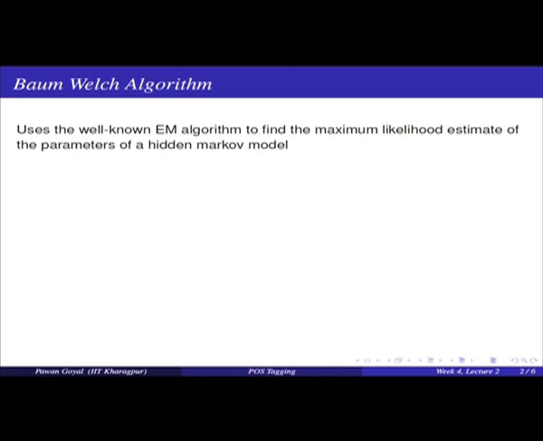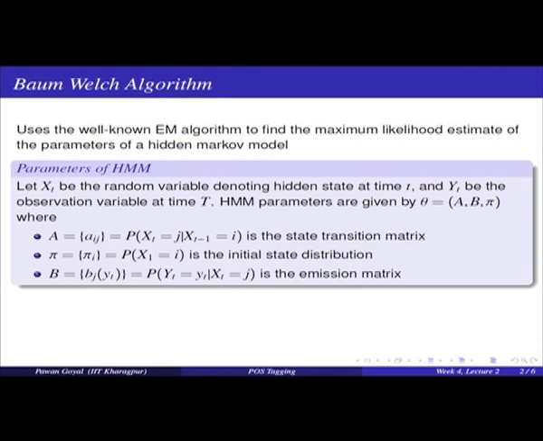So the Baum-Welch algorithm, as I was saying, is a well-known EM algorithm to estimate the maximum likelihood for the parameters of the HMM. So what are the parameters of the HMM that we want to estimate? Let me formally define them, and then we will see how we estimate them using Baum-Welch. In the HMM model, we have a hidden state at every time point and an observation variable.